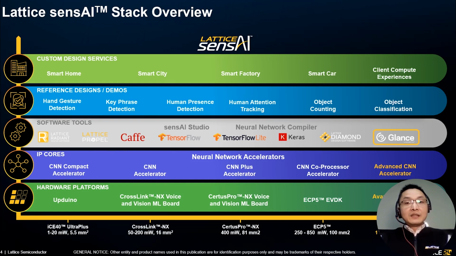Instead, they just need to focus on the AI model training and the overall algorithm pipeline design. It is able to support different Lattice FPGA platforms, different CNN model architectures, and different training frameworks. Users can also find more details about Lattice Sense AI from the website.